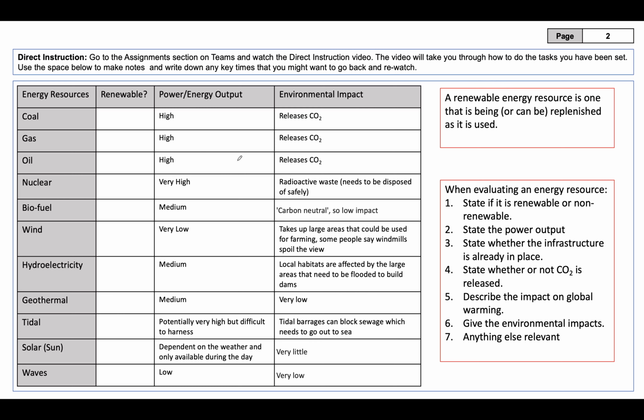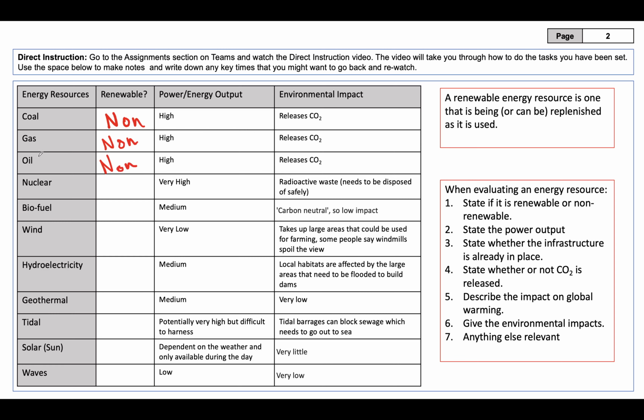If it's going to run out, so for example coal is not renewable, so it is non-renewable, that's going to run out one day. It's going to run out quite soon, and it's not being replenished, it's not being replaced as we use it. Gas, again, this is non-renewable. Oil is non-renewable.